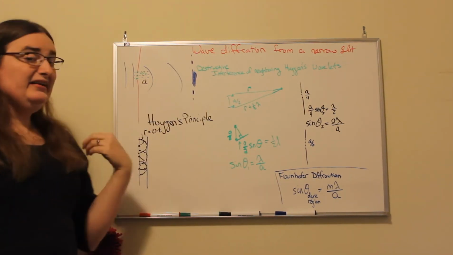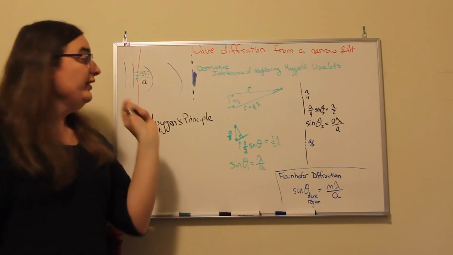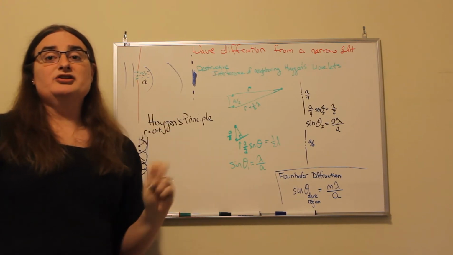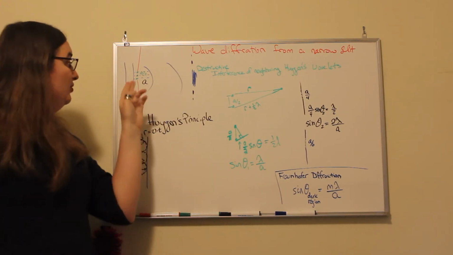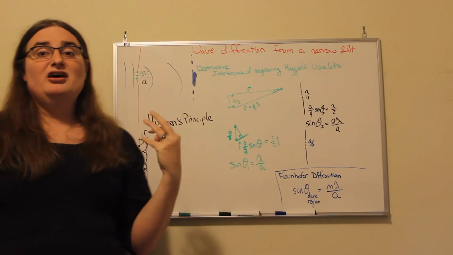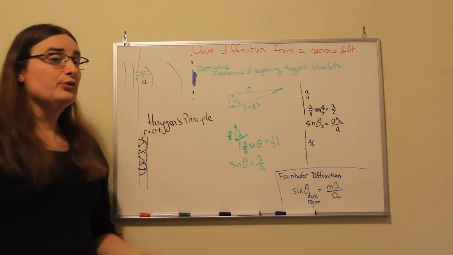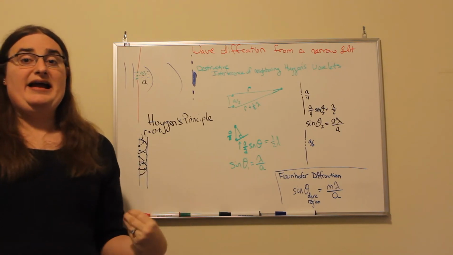Now, when that encounters a barrier, we could imagine considering two neighboring Huygens wavelets. And I'm going to choose two that are at half the size of our opening, which we also refer to as an aperture a.